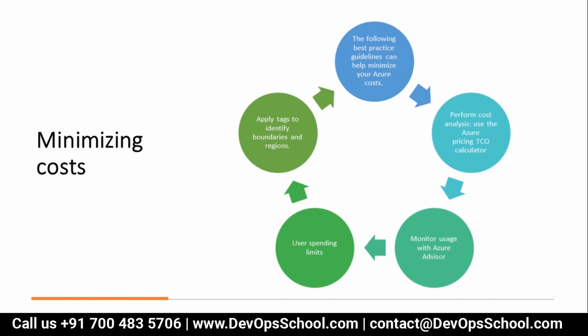You can define that Rohit is going to use only $10, Avlas only $8, Muhammad $15, Arun $20, because Arun is the owner and can decide how much. Depends upon that. And apply tags to identify boundaries and regions. Clear? Please note down these points because they will ask you in the interview also.